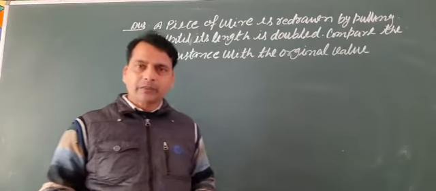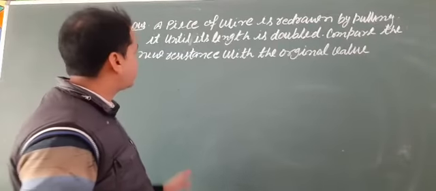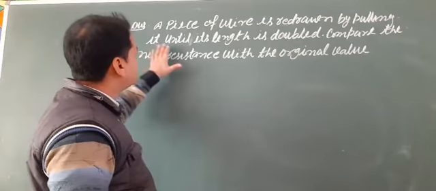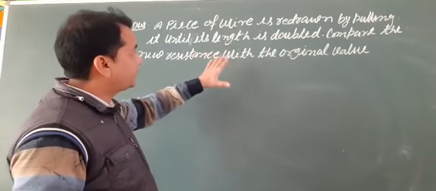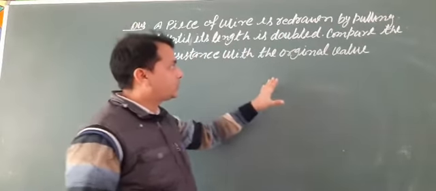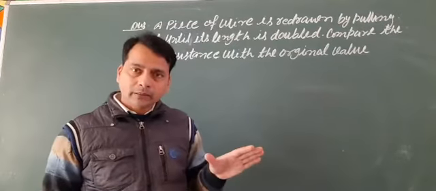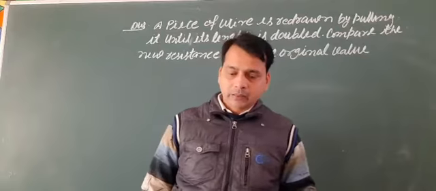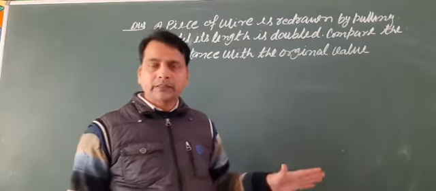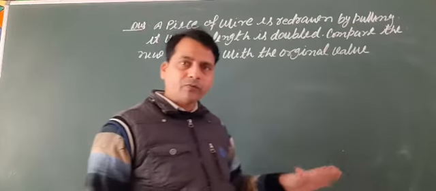The first question of this video is given here. A piece of wire is redrawn by pulling it until its length is double. Compare the new resistance with the original value. So we know that resistivity is equal to resistance into area of cross section by the length of wire.